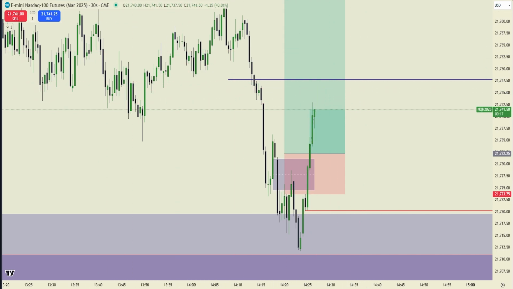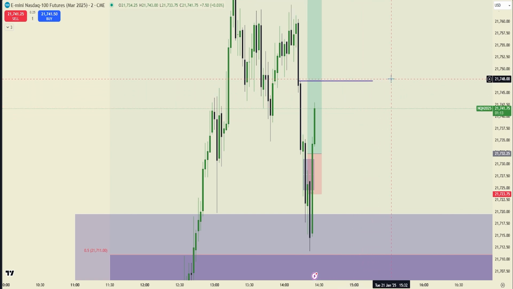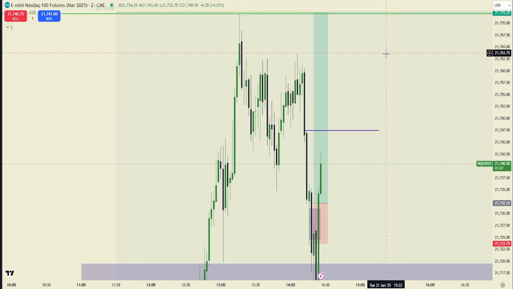All right, remember this 2-minute gap here is going to be your first partial. So that'll be at 47.50. And then your next after that will be at 63.75.